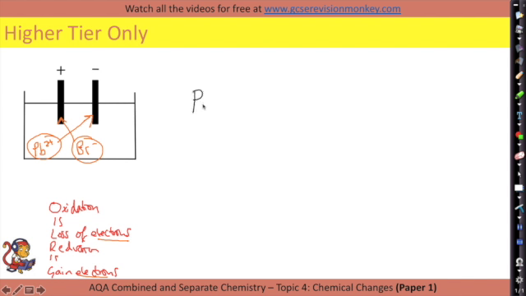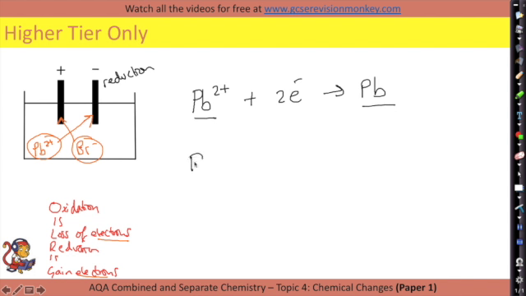So lead ions, when they go to the negative electrode, gain electrons and turn into lead atoms. That is the half equation for what is happening at this electrode. And because they're gaining electrons, reduction is happening at the negative electrode. Lead ions are turning into lead atoms.